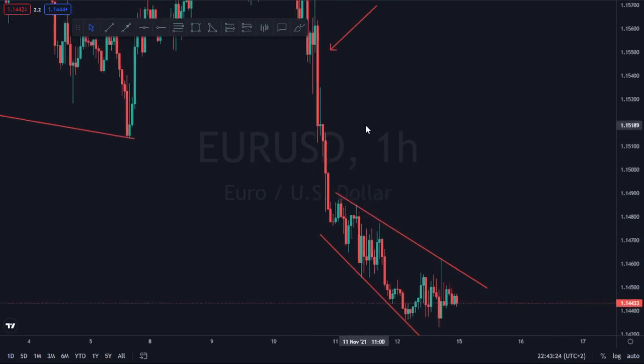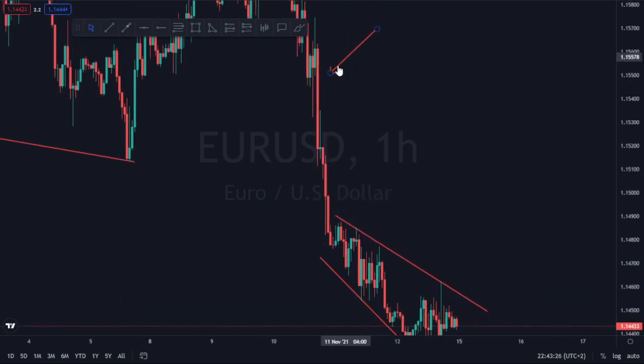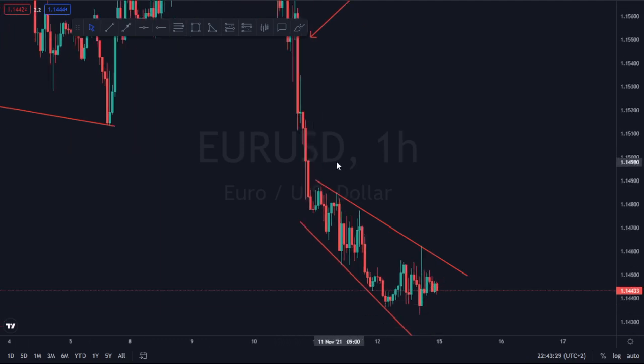So what I'm looking for right now is that price might break out of this pattern and give us a short-term buy, which I think I'll enter because it looks good. It looks like it's going to be a good short-term buy.